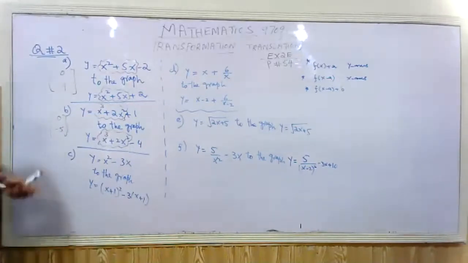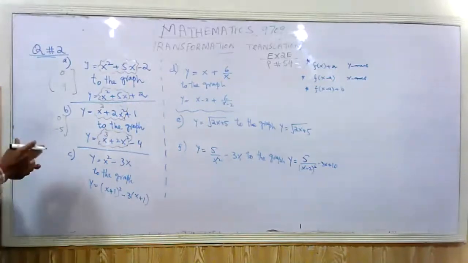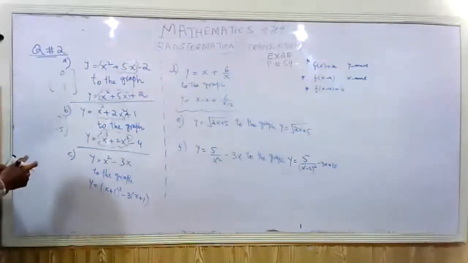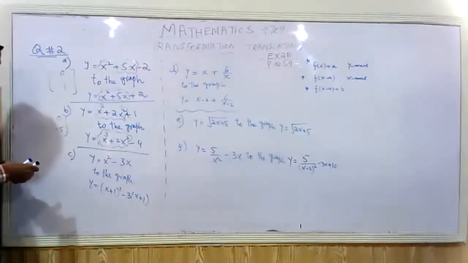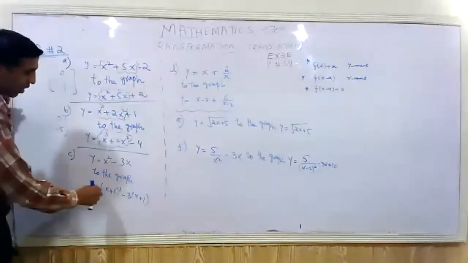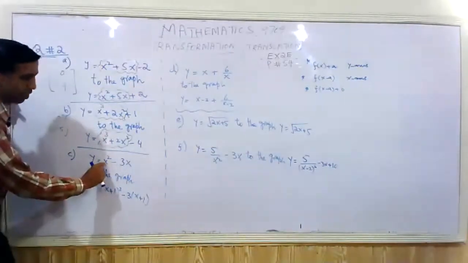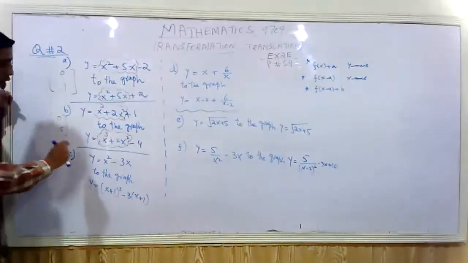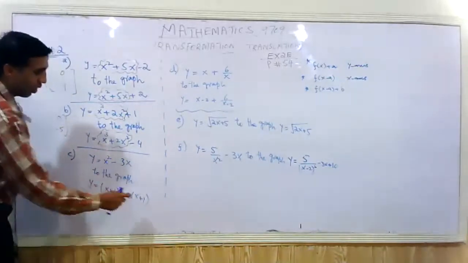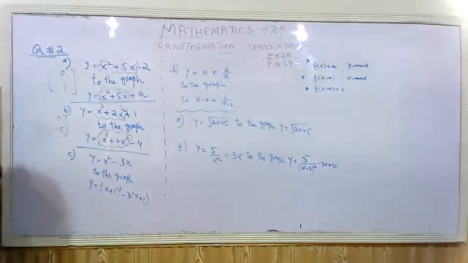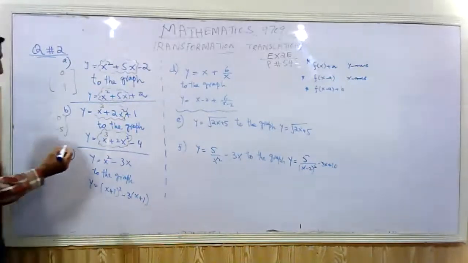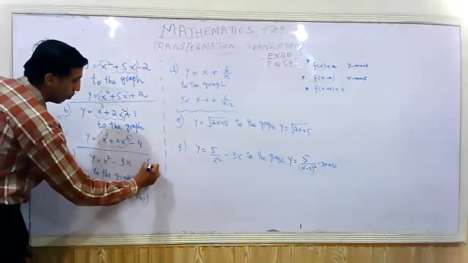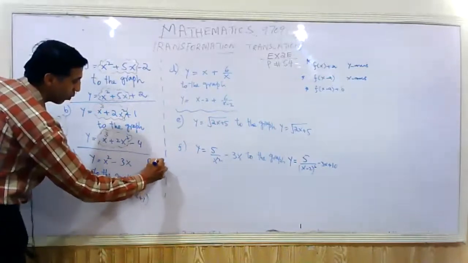Here, just see the C part. In C part, the second law has been used. He has replaced x plus 1 in place of x. So for the sake of the second law, the translation would be minus 1, 0.